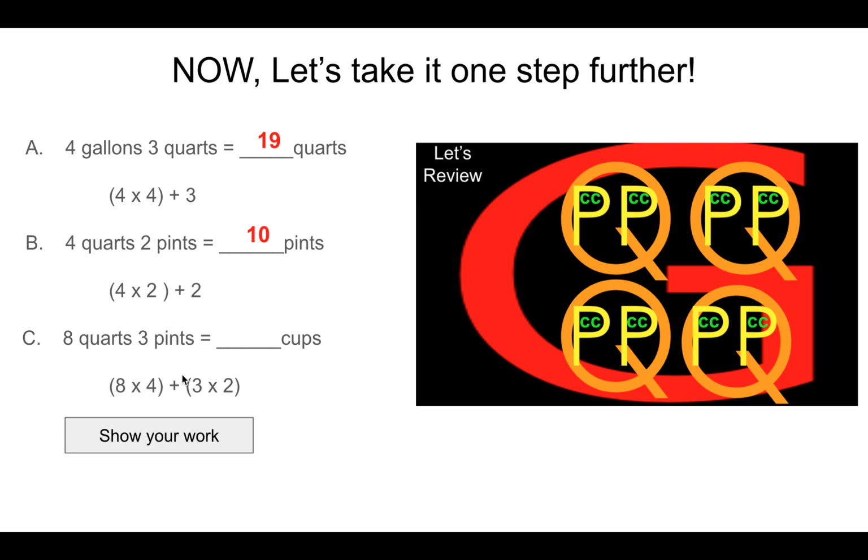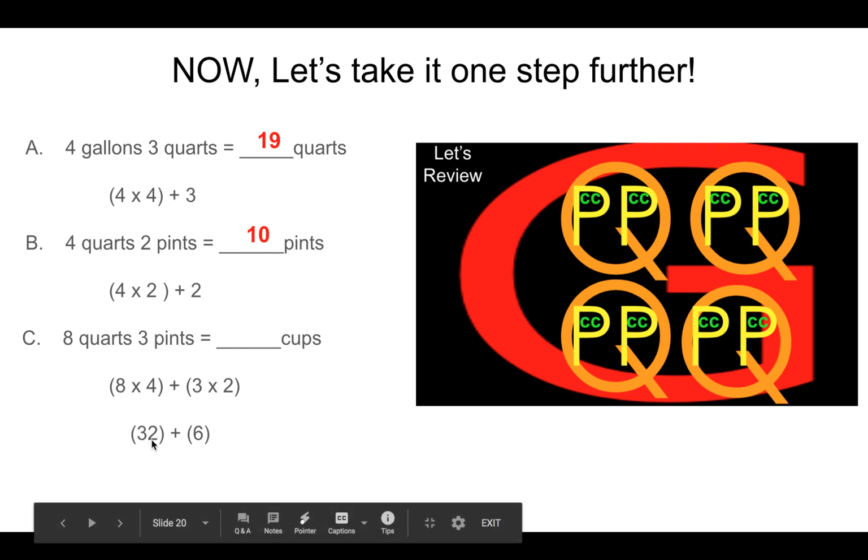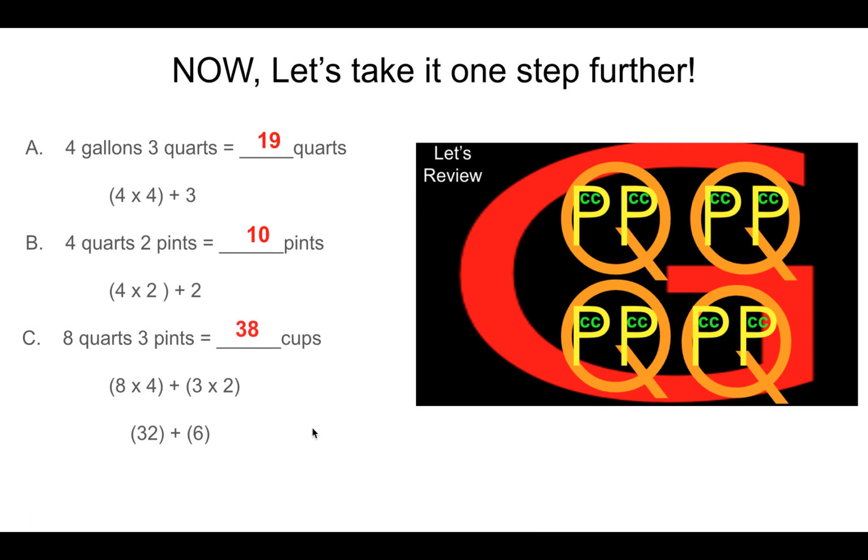Plus, I have to do another equation here because 3 pints times 2. Why am I doing 2? Because 1 pint is equal to 2 cups. When I times them, I get 32 plus 6, and the final answer is 38.